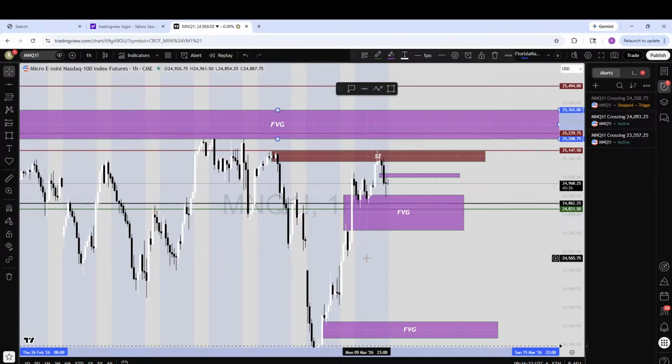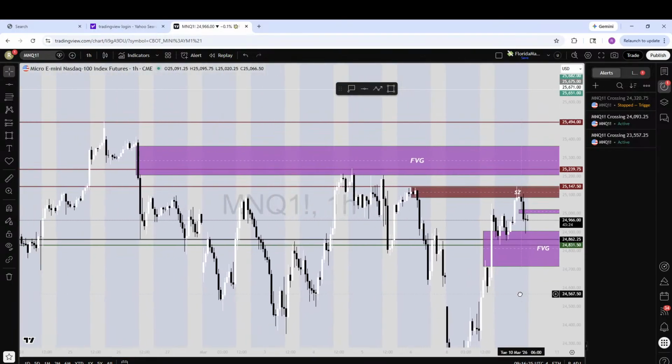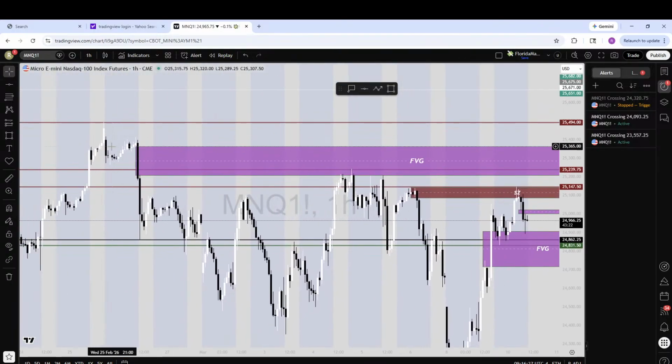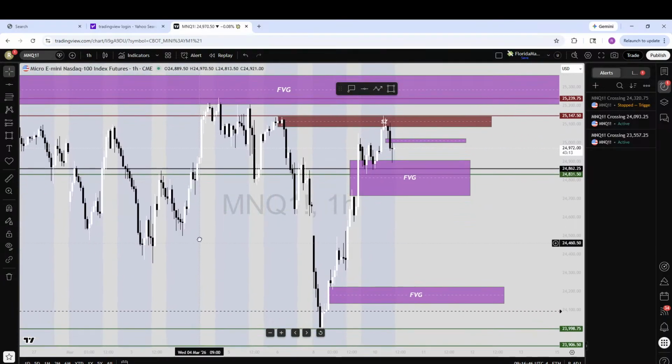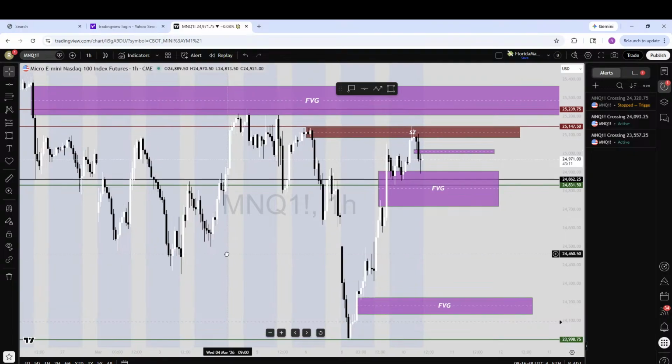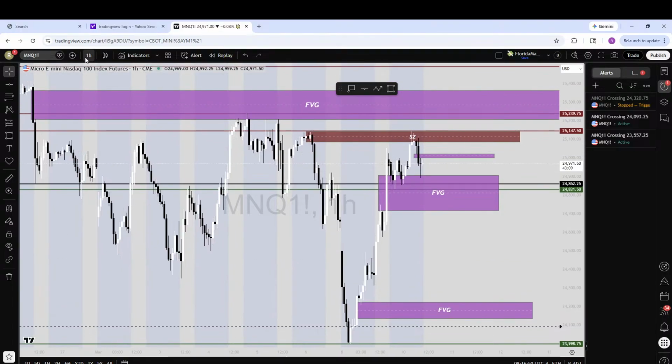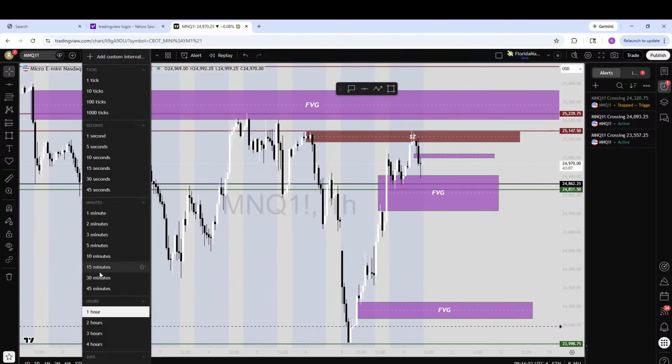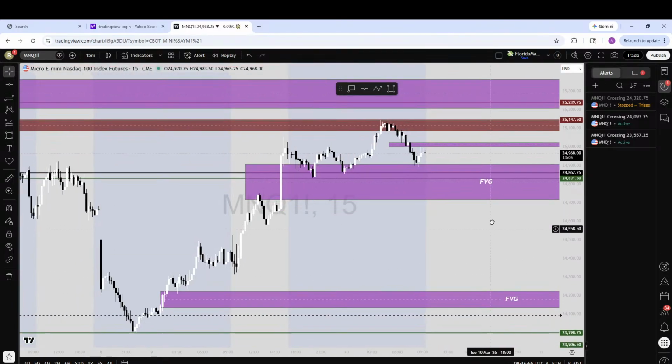That's a fair value gap. And then we have... okay. Let's go to the 15 minutes so that maybe I can see something on the downside.